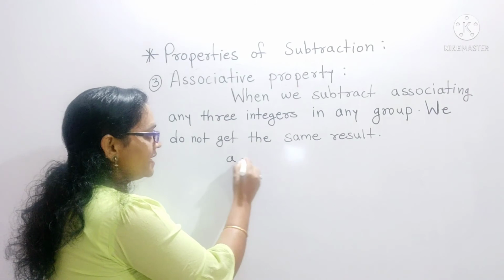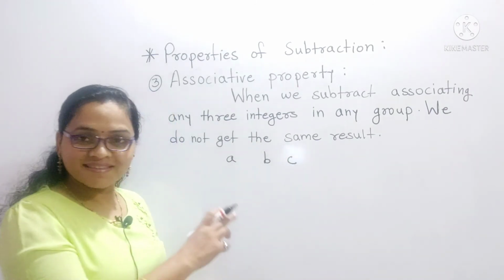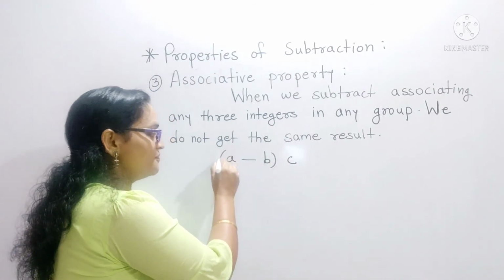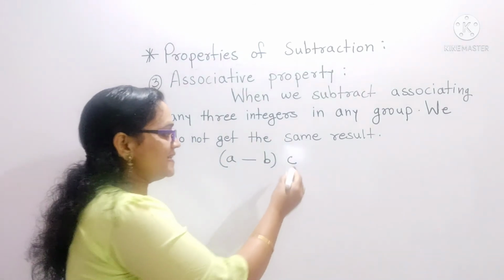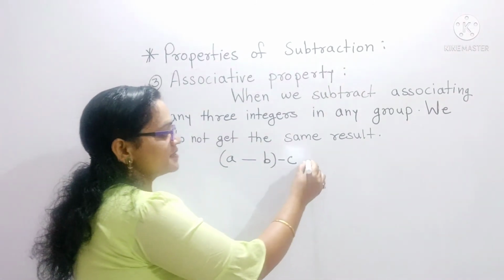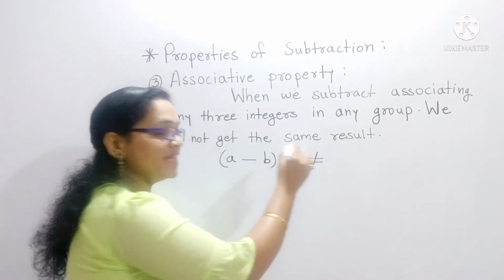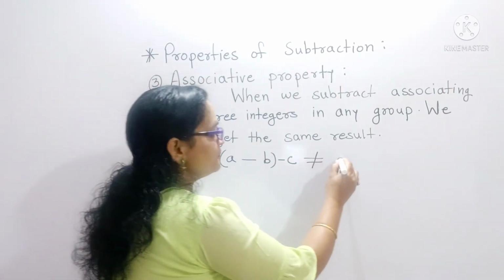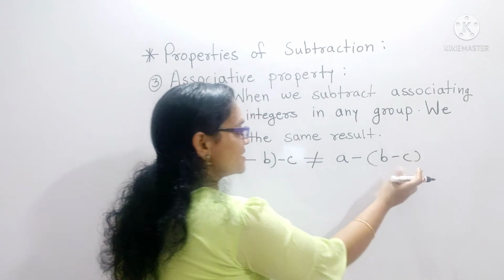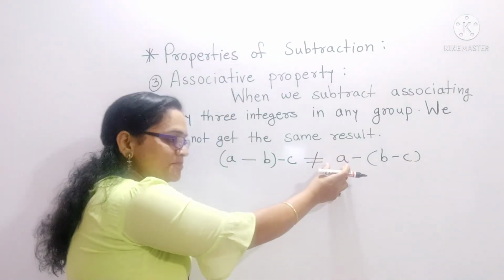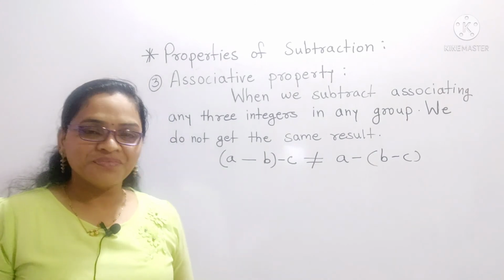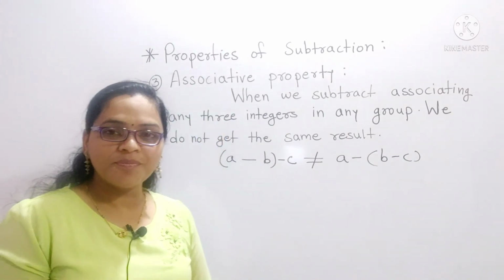Suppose a, b and c are three integers, and if we subtract a minus b first and then subtract c, then the difference that comes is not equal to the one when we subtract b minus c first, and from that difference we subtract a. These two differences are not equal, and that is the associative property.